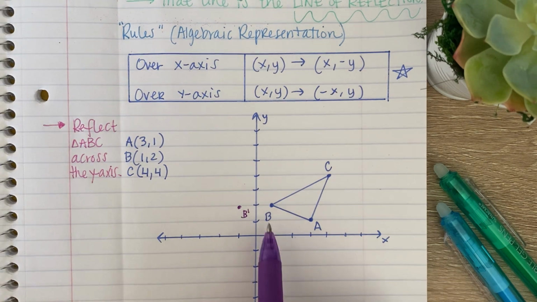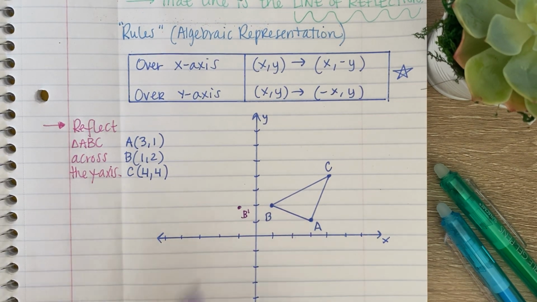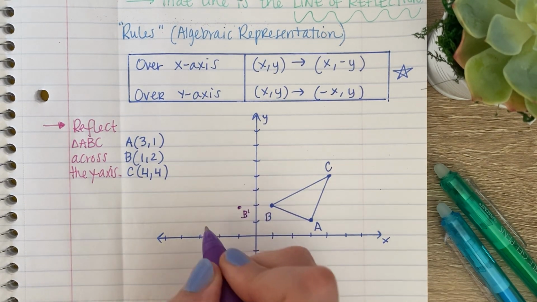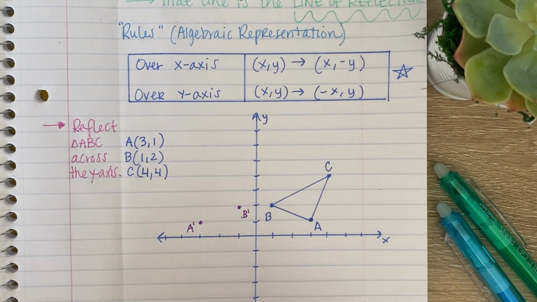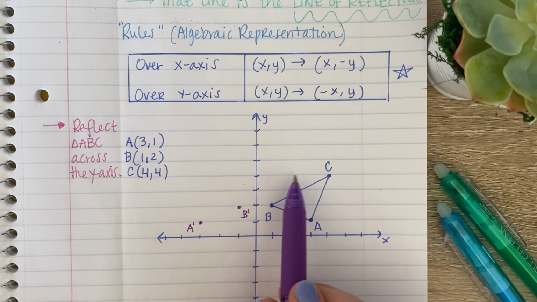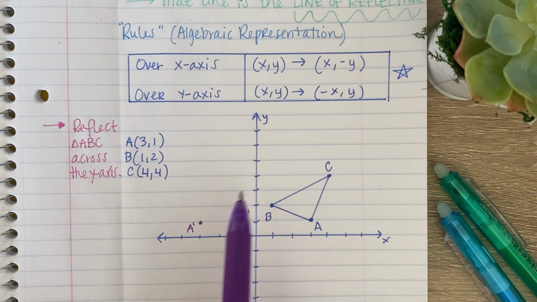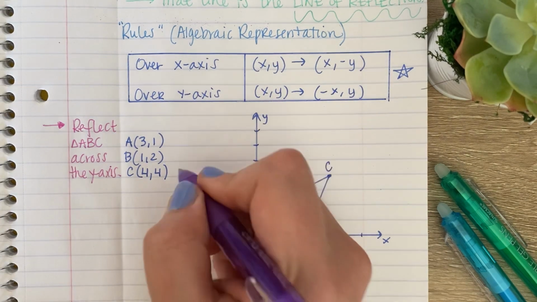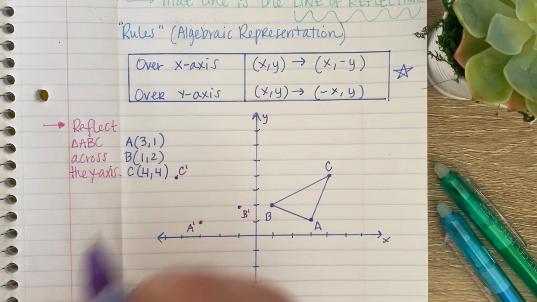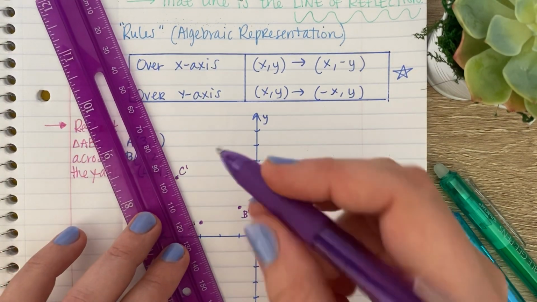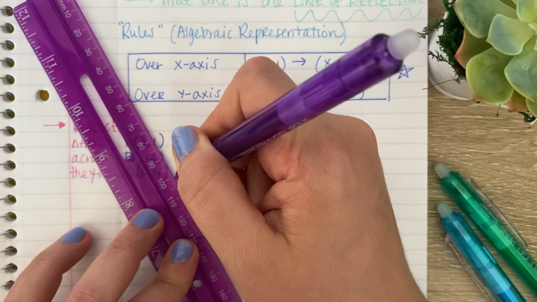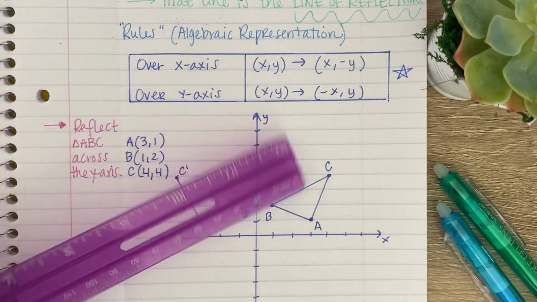Point A is 1, 2, 3 units away. So I go 1, 2, 3 to this side, and that's A prime. And point C is 1, 2, 3, 4 units away. So I go ahead and go 1, 2, 3, 4 and plot point C prime. And then I'm gonna go ahead and connect my dots.